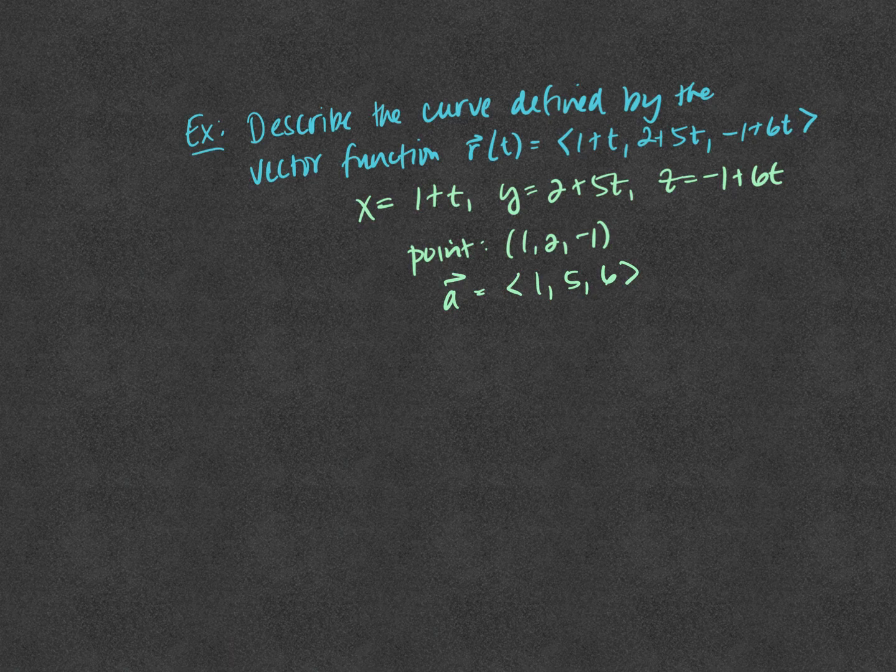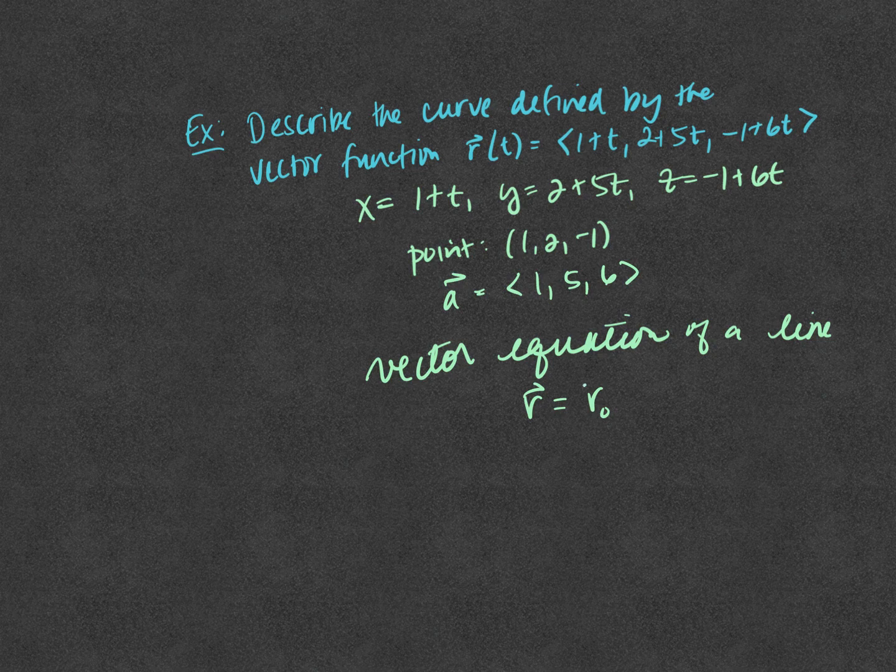So we know we have a point and a vector, and this is the vector equation of a line. Remember that formula is R equals R sub 0 plus vt or tv. And this up here definitely looks exactly like that. So we have a line. It's nice and simple. All we had to do was describe it. So we finished that one.